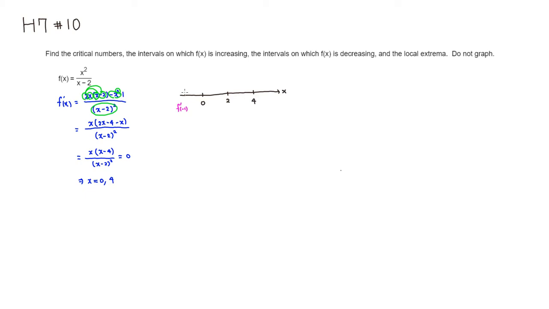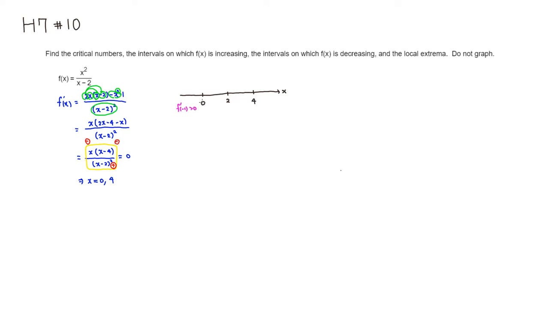The denominator is always positive, so we don't have to worry about it. We just have to worry about the sign of the numerator. Here x is negative, then negative 1 minus 4 is negative, and negative times negative is positive.